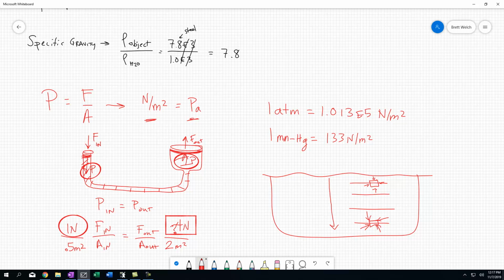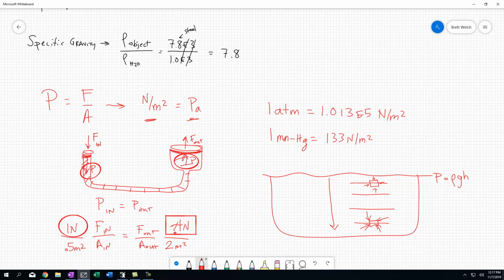So there must be a relationship between pressure and the depth, or we'll call it the height, that I am inside of a substance. Well, it turns out that the pressure can be equated to the density of the fluid times gravity times your height.